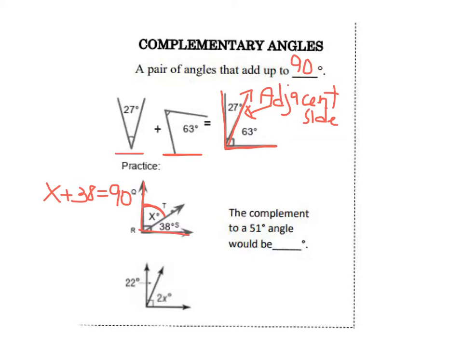Don't confuse the two of them, and I'll show you a trick on how to not confuse it. So we could go ahead and solve for x. I'm going to subtract 38 from each side. So 10 minus 8 is 2, 8 minus 3 is 5. So that means this equals 52 degrees.